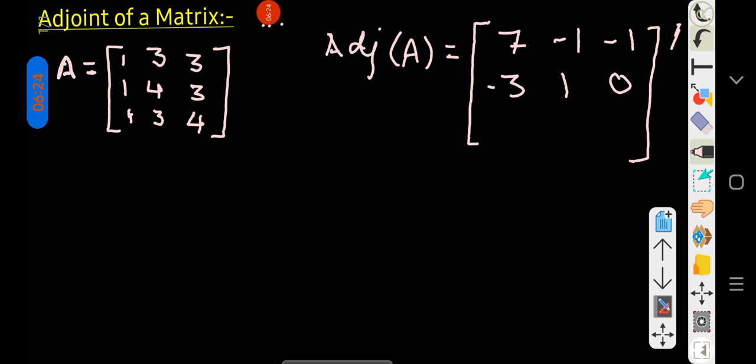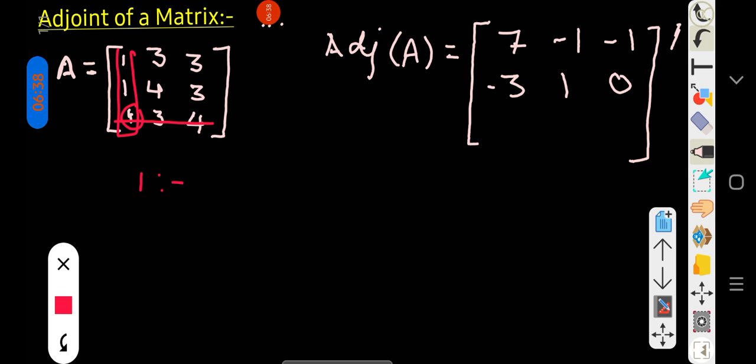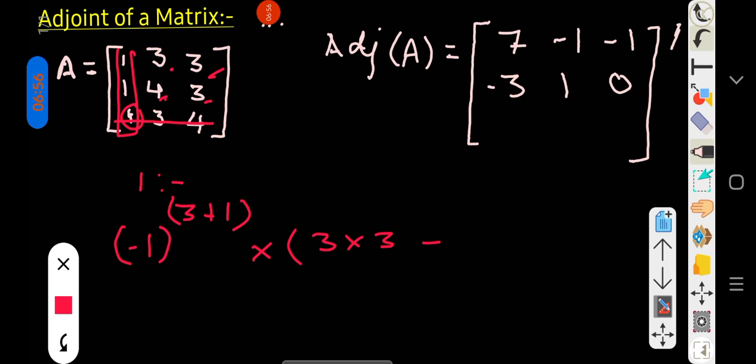And then the cofactor of the last row's 1. Again we have to exclude the third row and the first column. So for the cofactor of 1, we will write minus 1 to the power third row first column, multiplied by 3 times 3 minus 4 times 3.